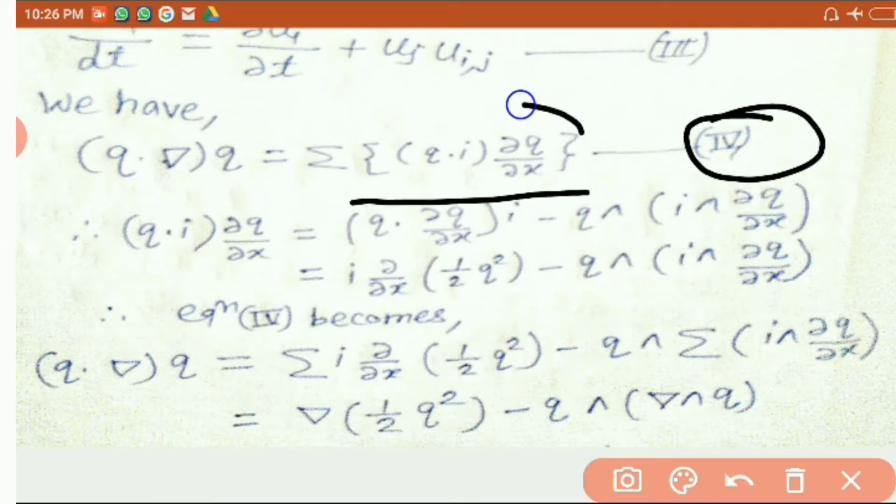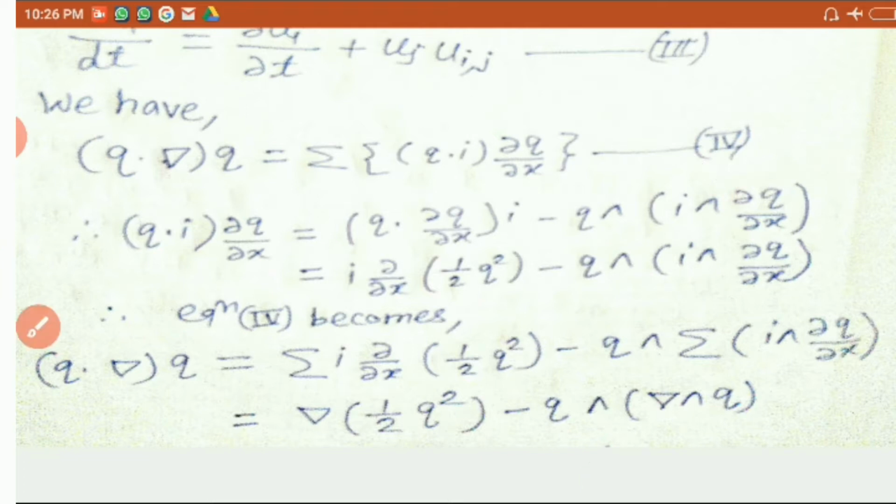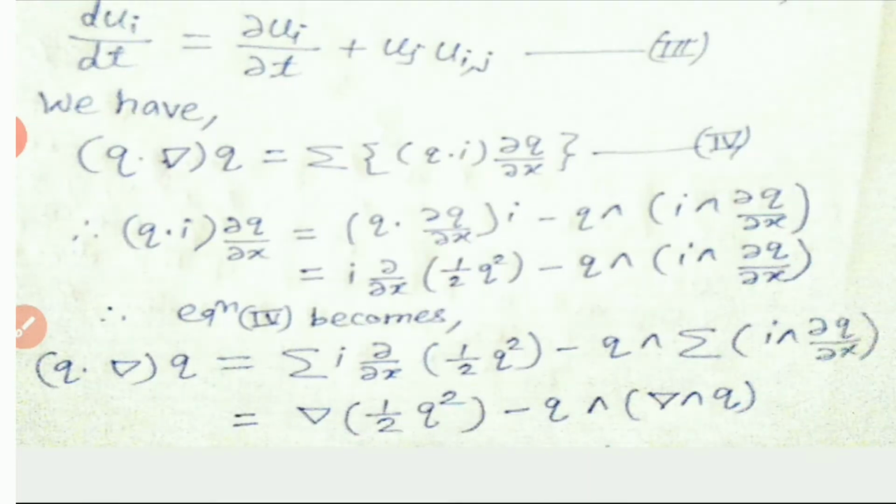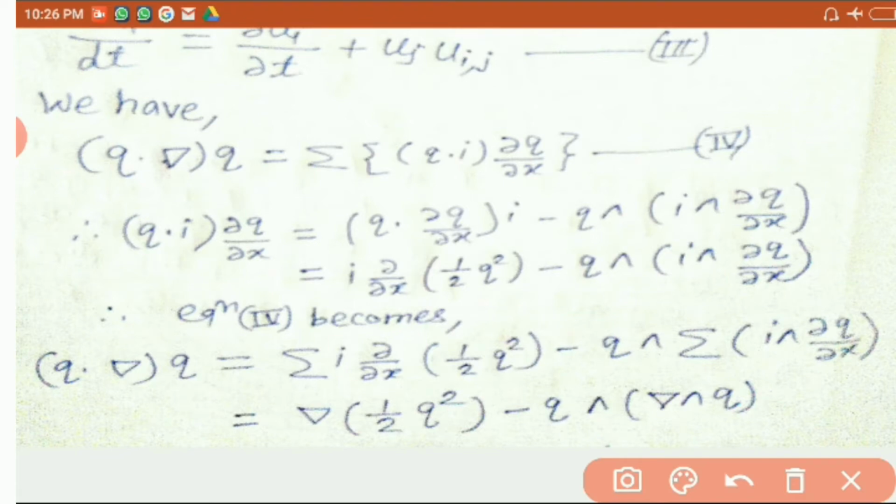But what is q dot i dou q by dou x? q dot i dou q by dou x is q dot dou q by dou x i minus q cross in bracket i cross dou q by dou x.